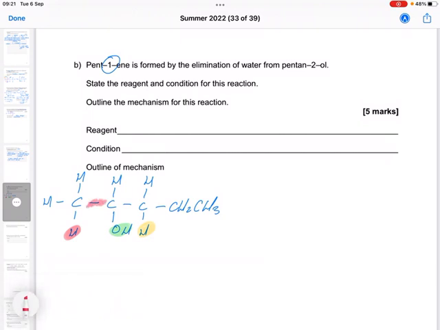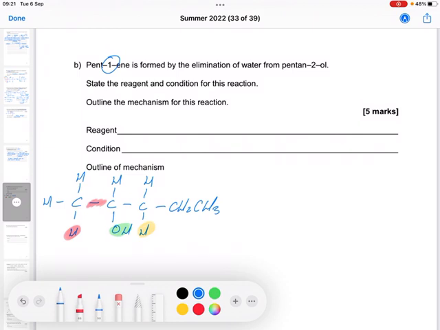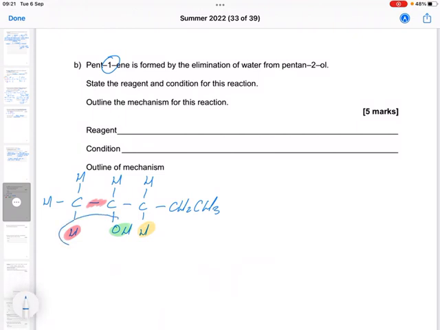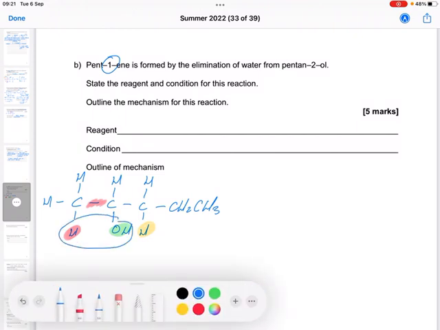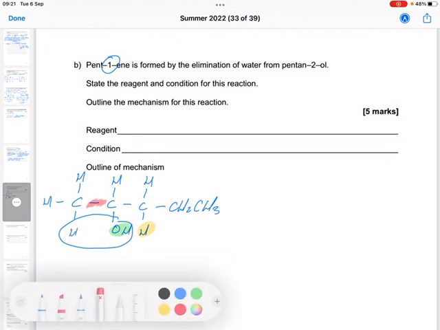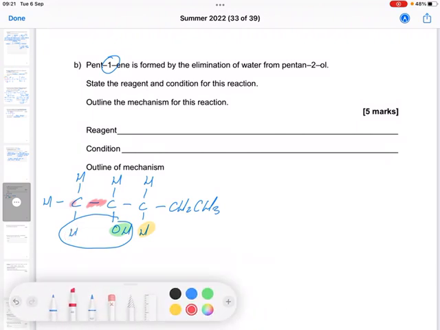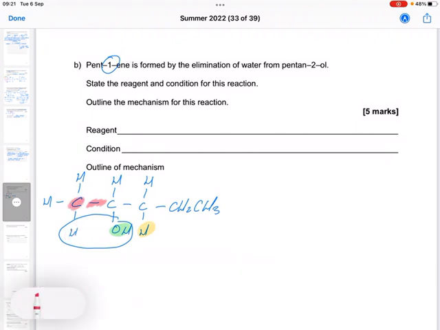So when you take your OH and your hydrogen off, the hydrogen has to come off that carbon there, okay? So let me just tidy this up again so that now we know what's coming off where.